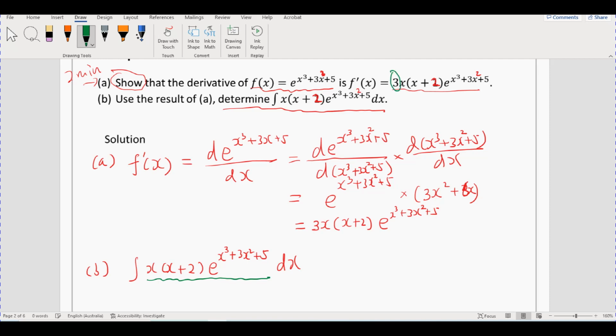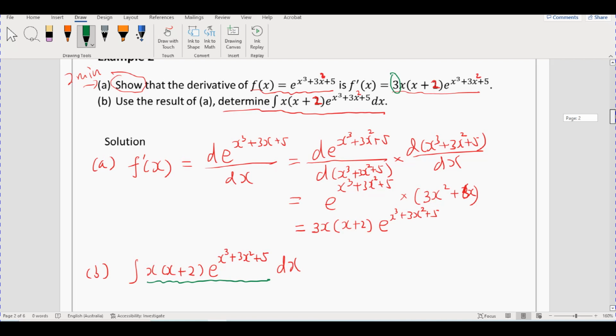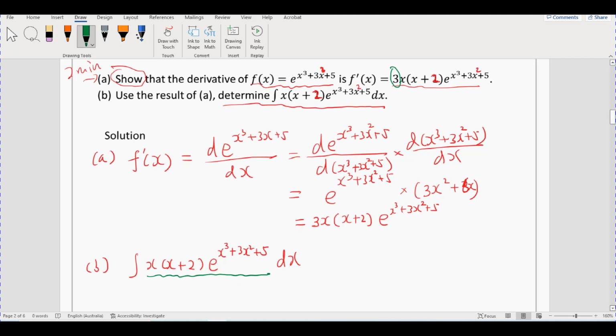Because they miss out a 3 right here. So how can we do the integration this time? I'm going to try to express the thing I underlined by green line with the derivative of fx. If the derivative of fx is 3x bracket, things like that, all I need to do is try to get a 3 on it.